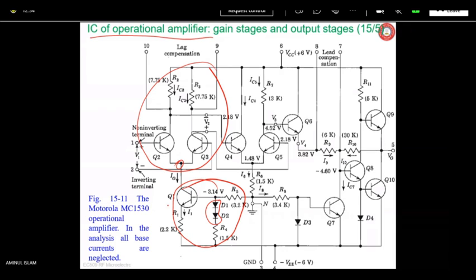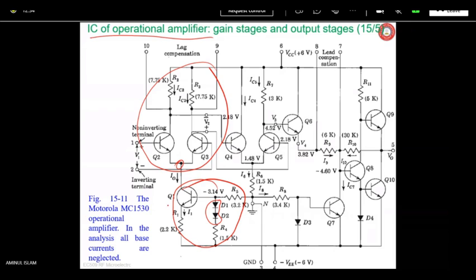Nobody. Good. So now IO is this constant current sunk by the current source Q1, equal to I1, because we have taken base current as very negligible compared to collector current and emitter current.